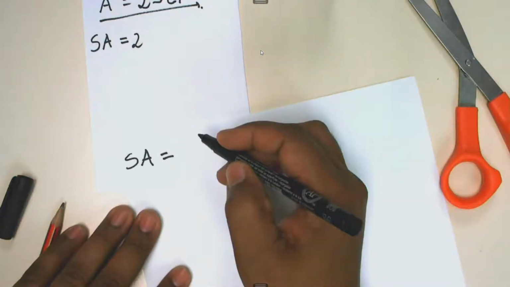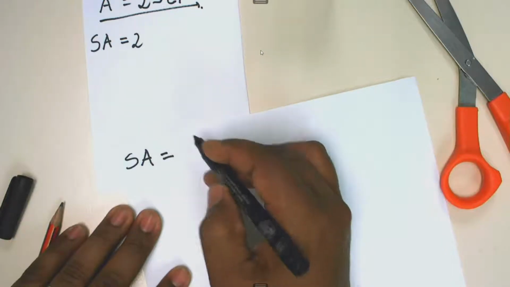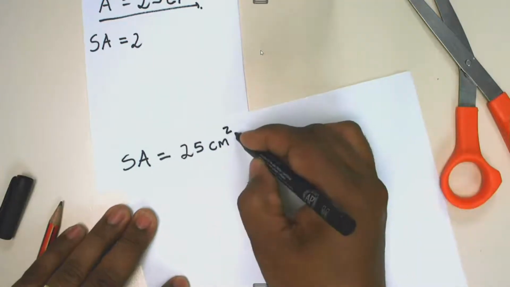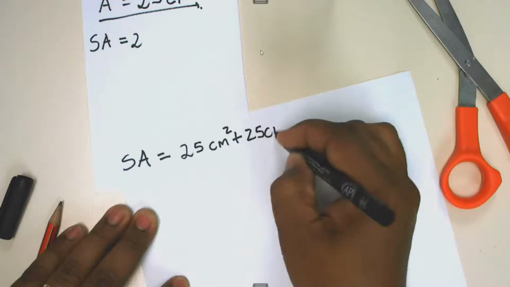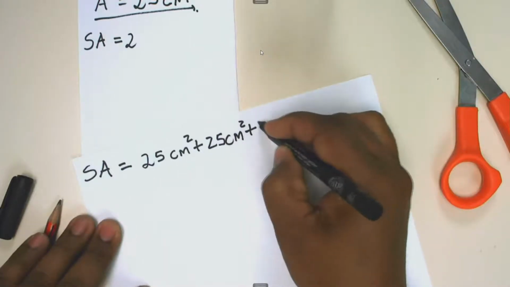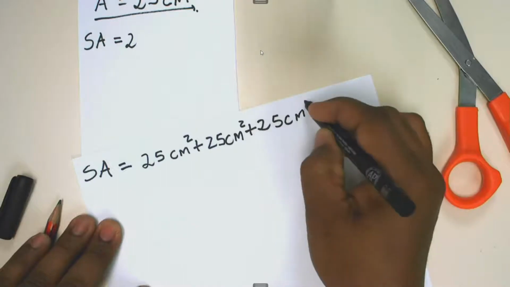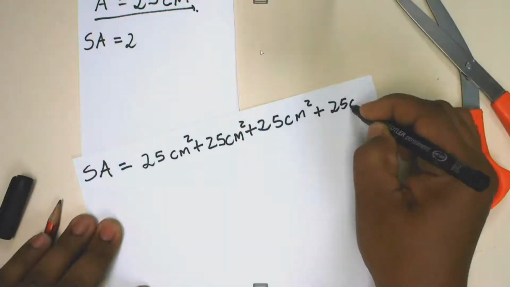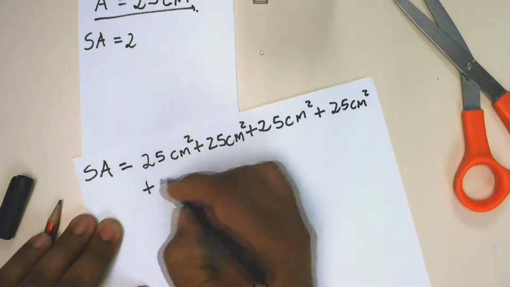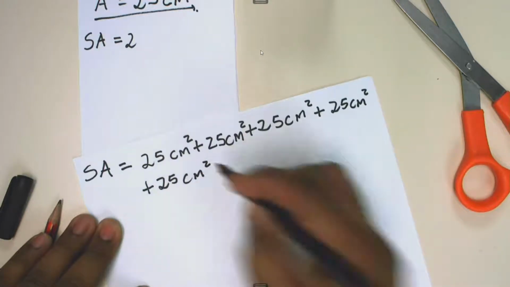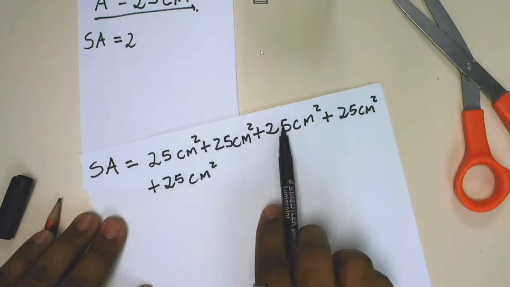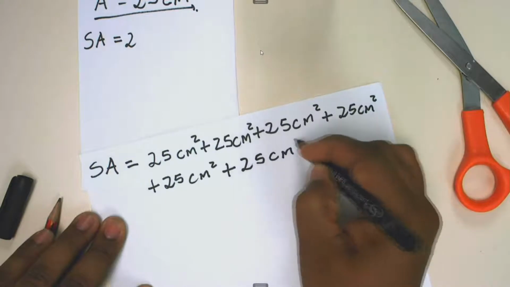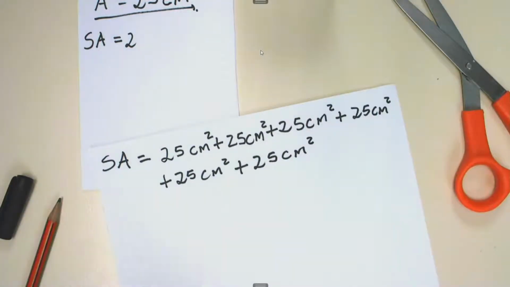So it will be the first face, 25 centimeter squared, plus 25 centimeter squared, plus another 25 centimeter squared, 1, 2, 3, plus another 25 centimeter squared, plus 25 centimeter squared of the fifth side, 1, 2, 3, 4, 5, and the sixth side, because it is the total area of the faces.